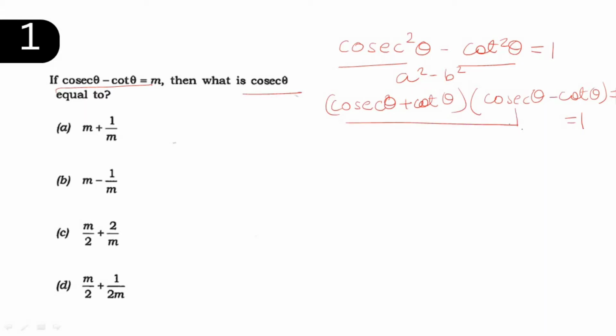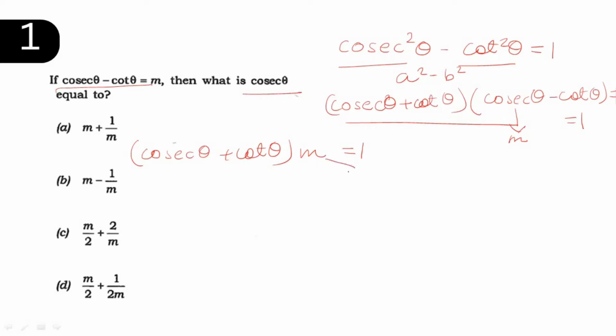The value of this is given as m, so we can write our equation as (cosec theta plus cot theta) into m is equal to 1.